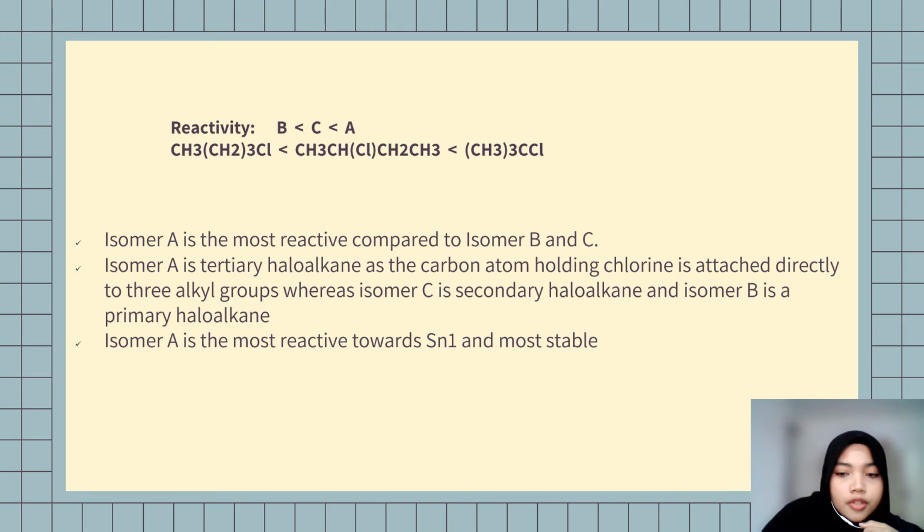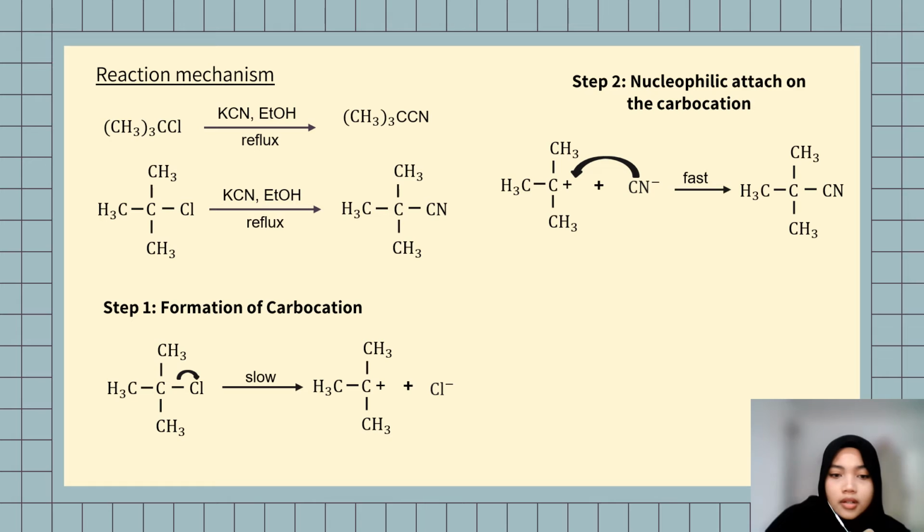So let's move on to the reaction mechanism. From the question, the question asks us to show the SN1 mechanism of the most reactive isomer. Since we have known that the most reactive isomer is isomer A, isomer A will be used for the reaction mechanism.